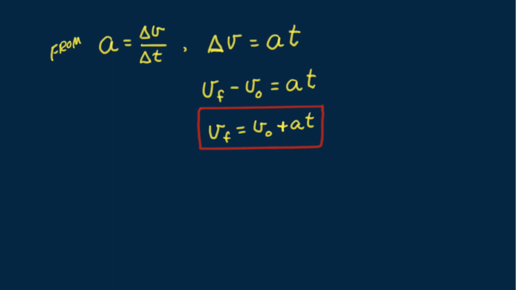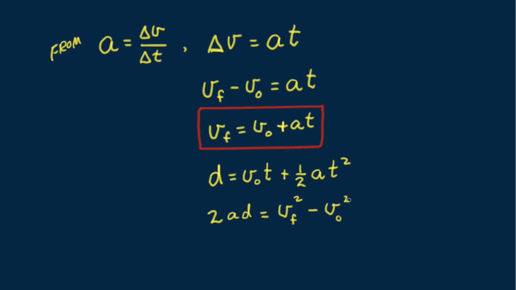There are 2 other equations that are useful in solving kinematic problems. This one, d equals v sub 0 t plus 1/2 at squared. This eliminates final velocity from the equation. Here's another one. 2 times acceleration times distance equals final velocity squared minus initial velocity squared.